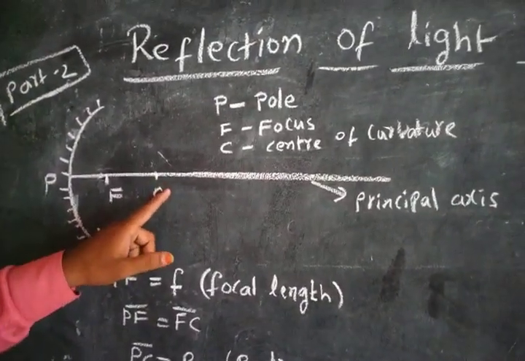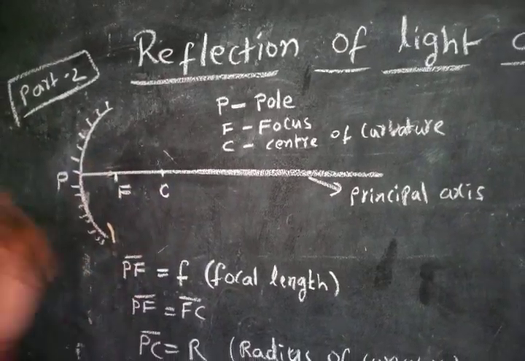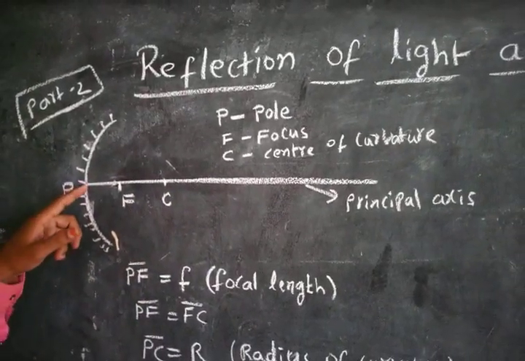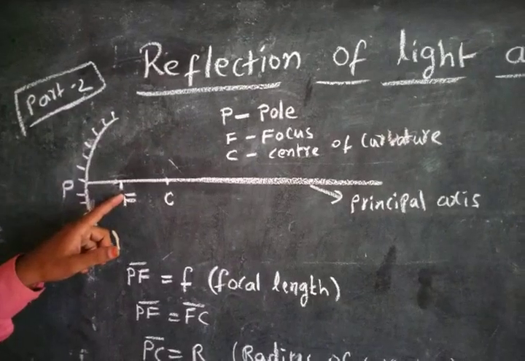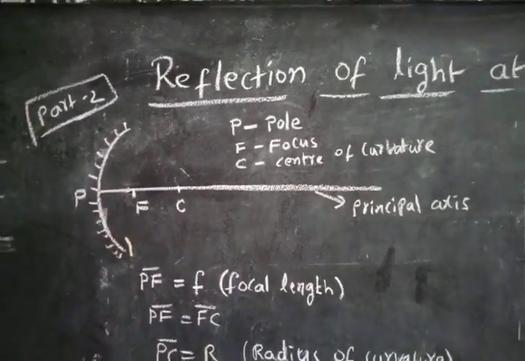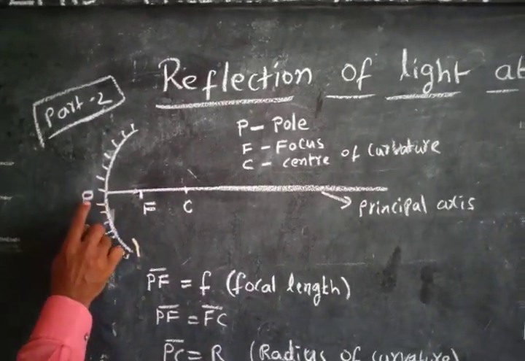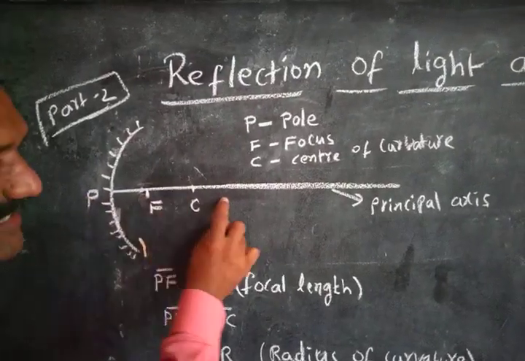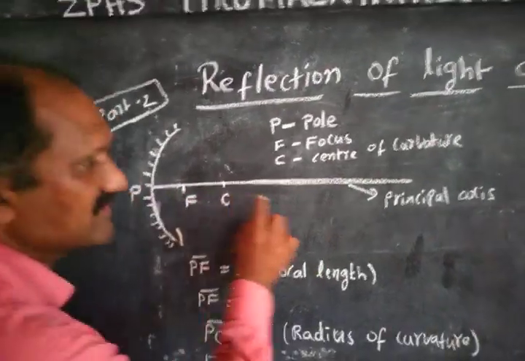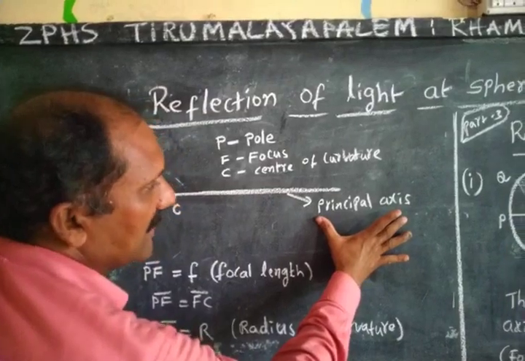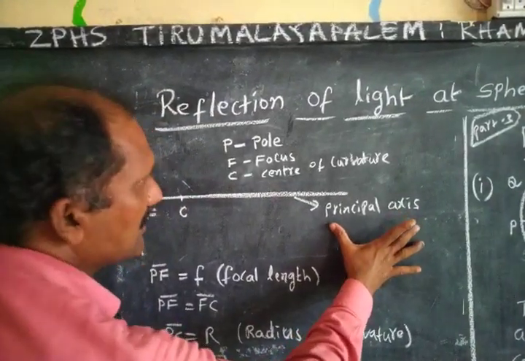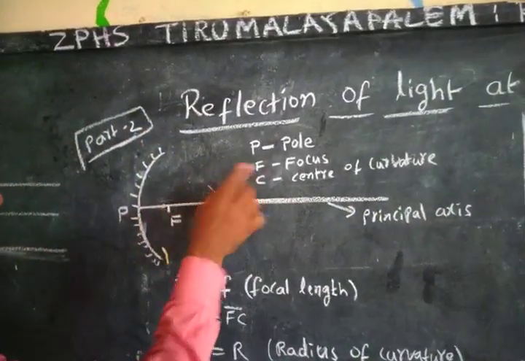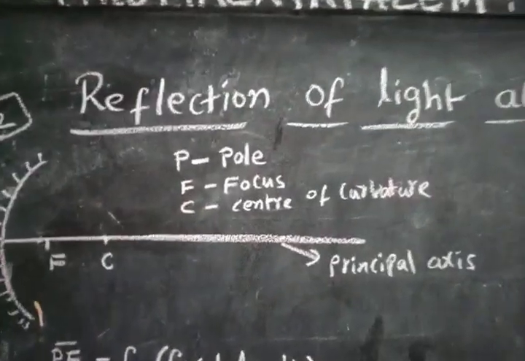P is its optical center, F is the focus. The line through P, F, C is called the principal axis. Here P is the pole, F is the focus, and C is the center of curvature.